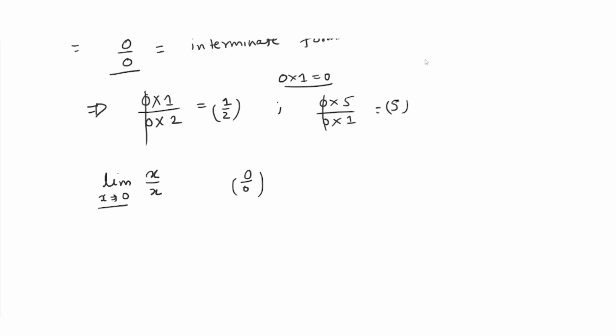But what is the given condition? This is just x by x, so x by x is 1. So whatever the value of x, y is always equal to 1. So then it is defined at x equals 0, by using the given case or given scenario.